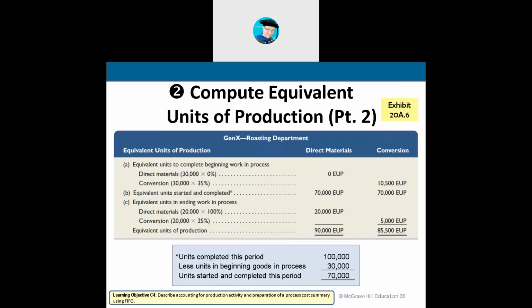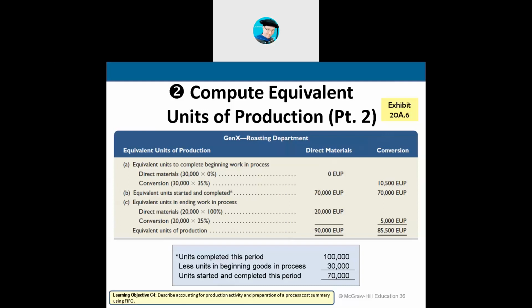Equivalent units started and completed during the month of April: we had 70,000 units. Equivalent units in ending work in process during the month of April was 20,000, giving us equivalent units of production of 90,000.